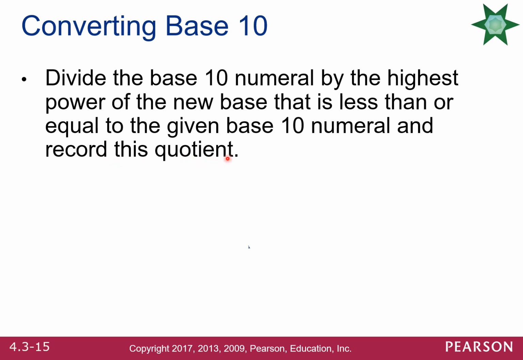So the quotient tells us how many times a particular number goes into the dividend, right? So that's what we are going to do here. We are going to divide the decimal value by the highest power, record the quotient, and also record the remainder, if any.